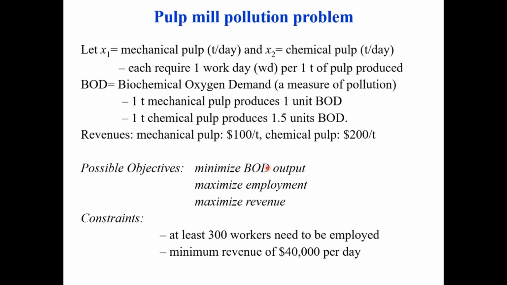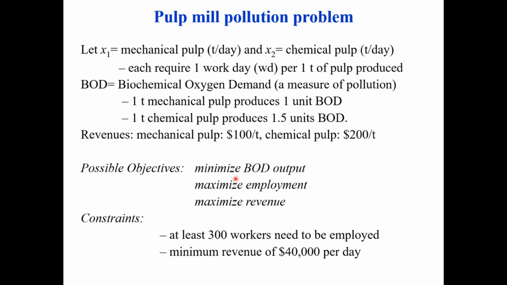We also have a biochemical oxygen demand, which is a measure of pollution, and we assume that 1 ton of mechanical pulp produces 1 unit of BOD, biochemical oxygen demand, and 1 ton of chemical pulp produces 1.5 units of BOD. Revenues from mechanical pulp are somewhat lower than for chemical pulp. There's $100 per ton for mechanical pulp and $200 per ton for chemical pulp.